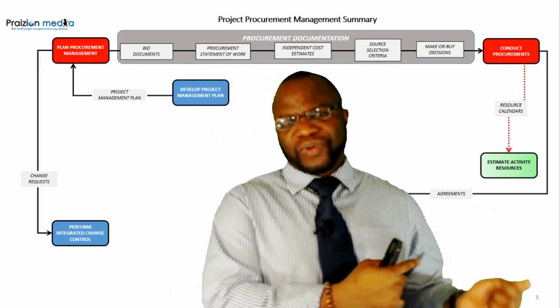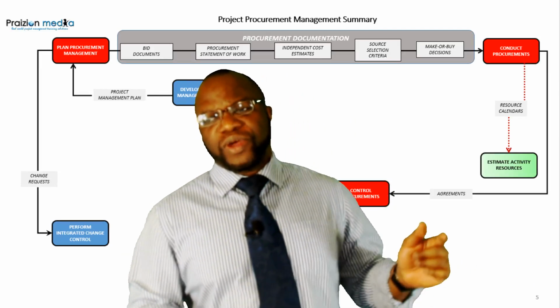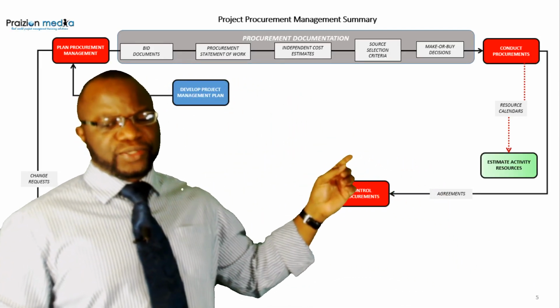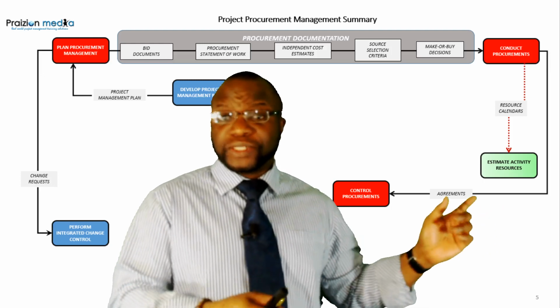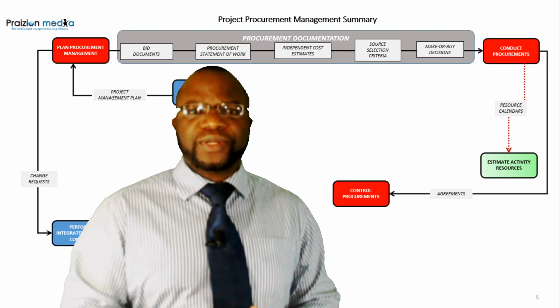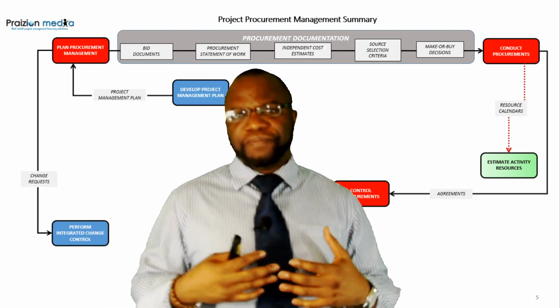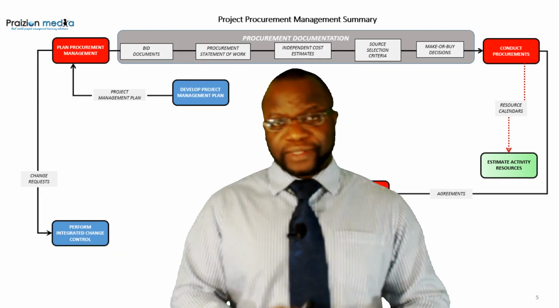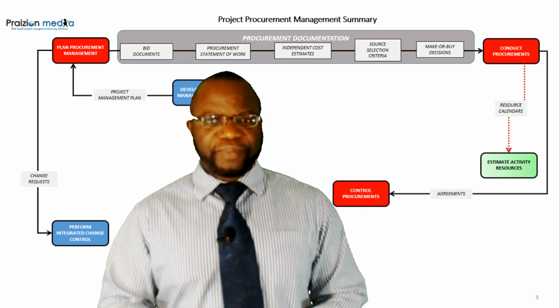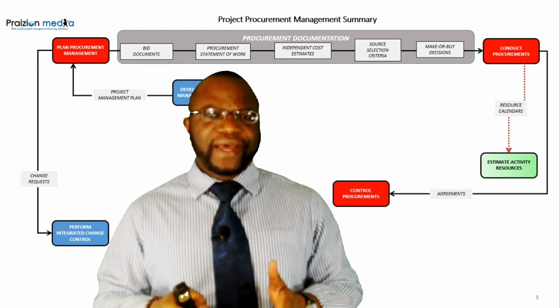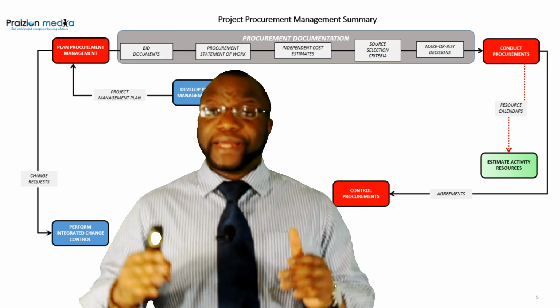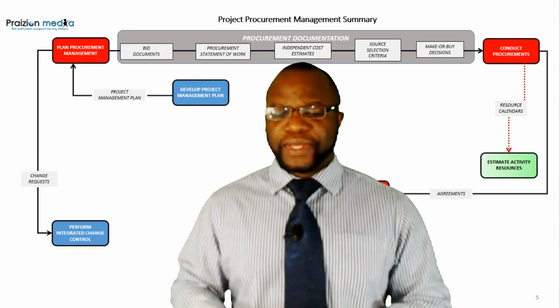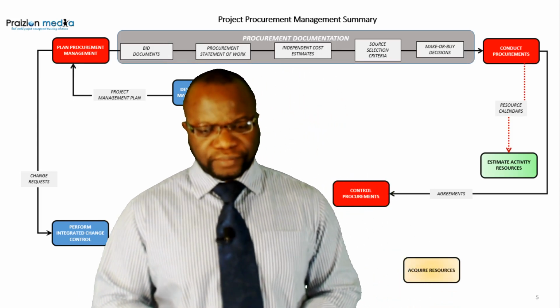This is one of those points in the cycle where you're going to get resource calendars going into a process that also gets other resource calendars which are used for the internal team. So again, back to that interconnectedness that happens in the PMBOK guide. It's hard to work it out without someone showing it to you. And that's why I break all this stuff down in this book.